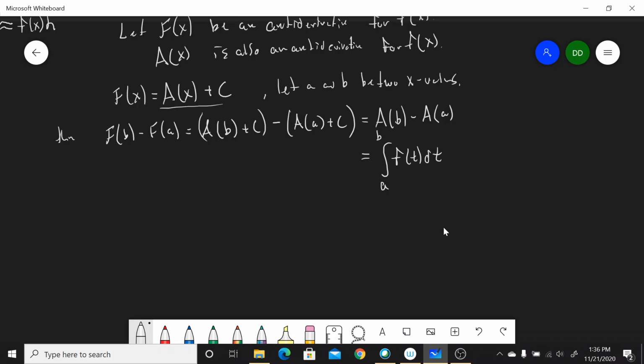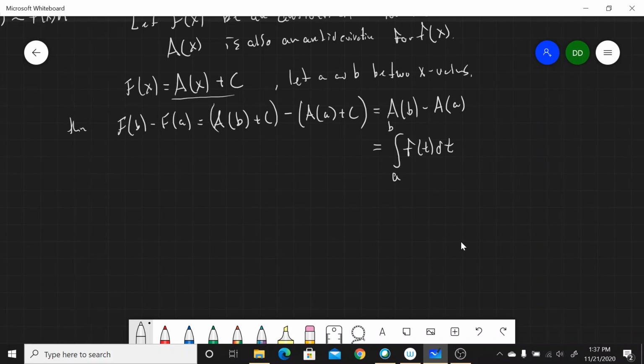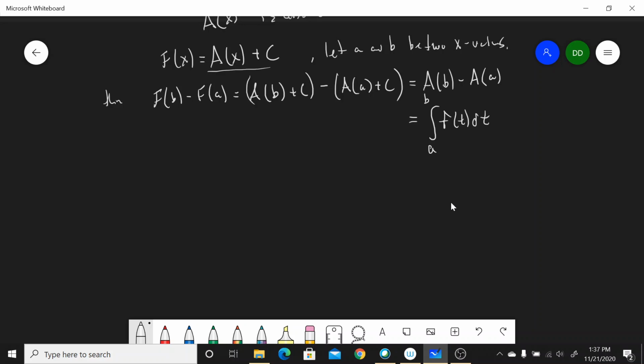So summarizing now, again, we're trying to find an efficient way to calculate this, and we see that if big F is any antiderivative for little f, then this definite integral is the difference between the antiderivative between those two points.